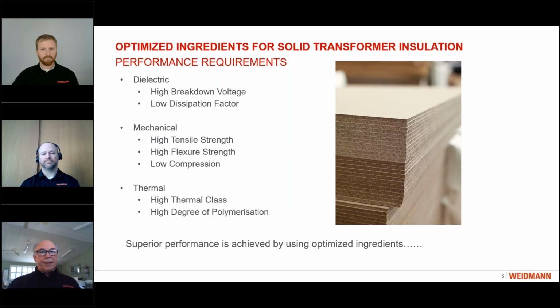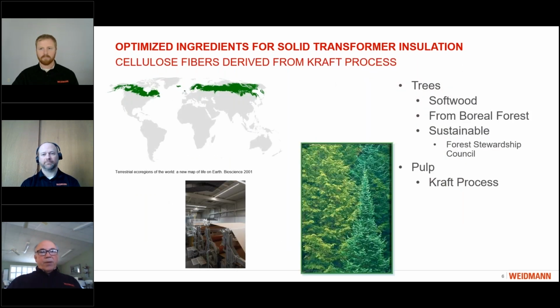Next slide, please. So from the cellulose standpoint, there's two important criteria. First of all, the wood that's used from the trees should be from softwood trees. These are longer fibers and actually wider fibers that give us our mechanical strength. And they're also typically sourced, at least for Weidmann products, from what's called boreal forests.